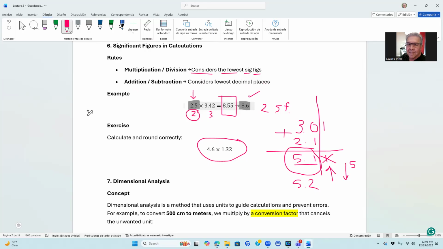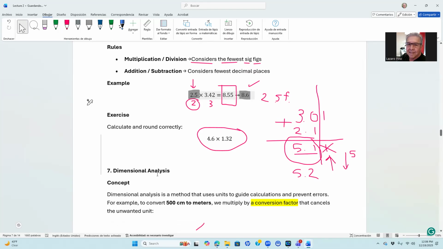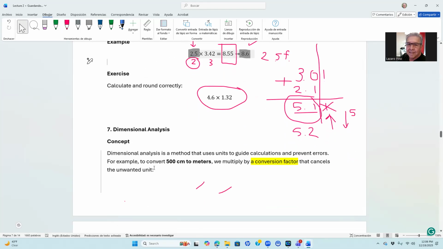Let's go now to the method of dimensional analysis. I always say that dimensional analysis is the math in chemistry. This method is very, very important.